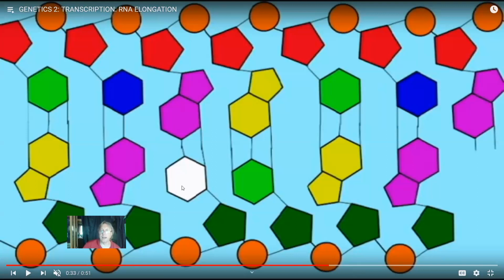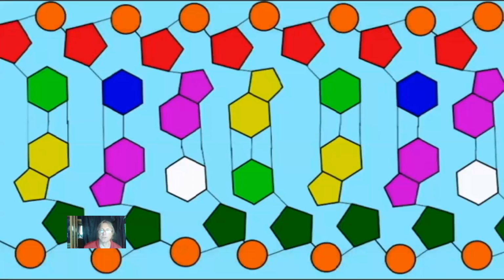This white base here is because while DNA has a nucleotide for thymine, in RNA, thymine is not an RNA nucleotide. It uses uracil instead, a different one. And so in the process of transcription, an RNA copy of DNA molecules is made.